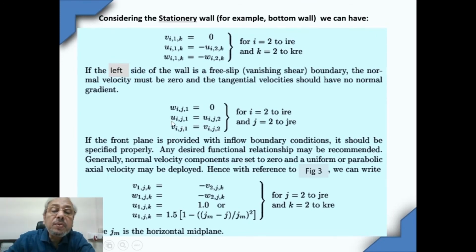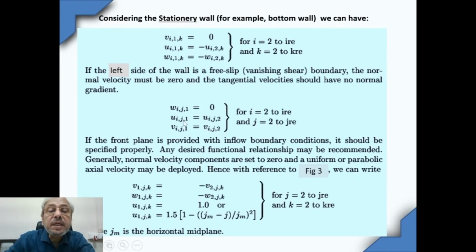That means uij1 equal to uij2, I equal to 2 to IRE, j equal to 2 to JRE. We'll describe the plane. Similarly, Vij1 equal to Vij2, del v del z equal to 0.